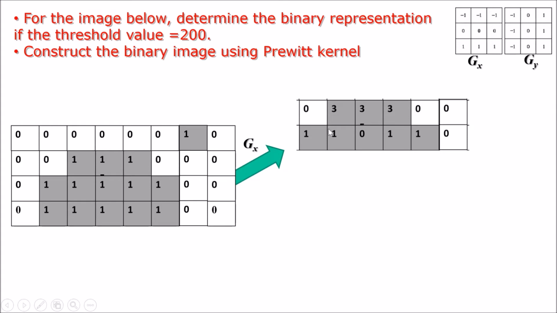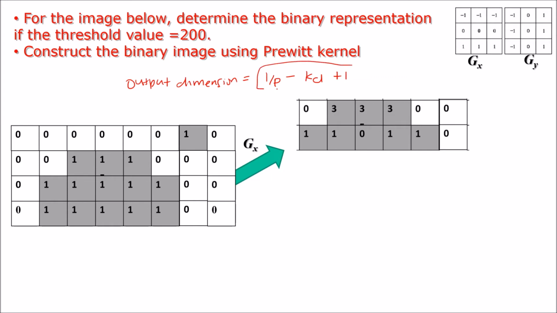If you note from this image, the resultant image dimension will become lower. In general, when you apply the kernel operation, the output dimension will be equal to the input dimension minus the kernel dimension plus 1.